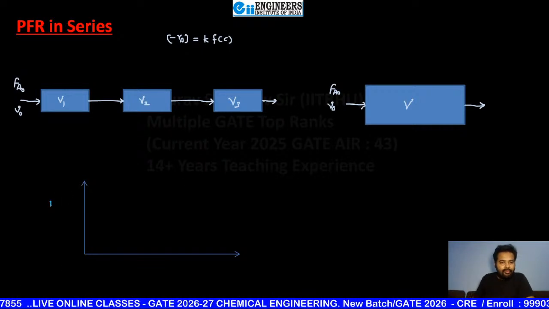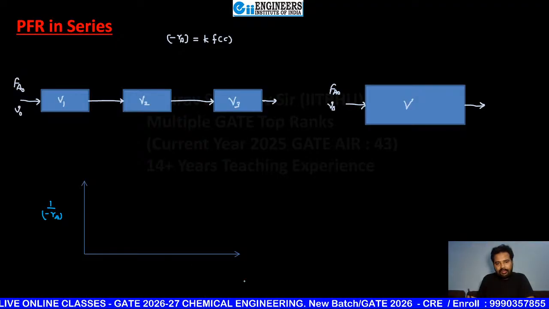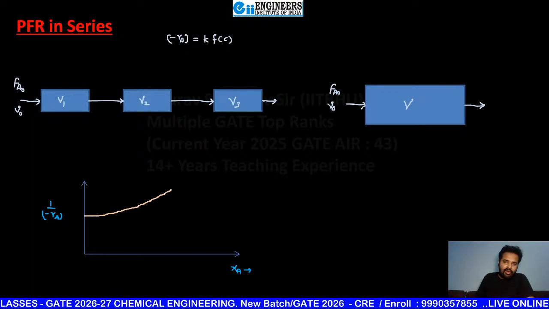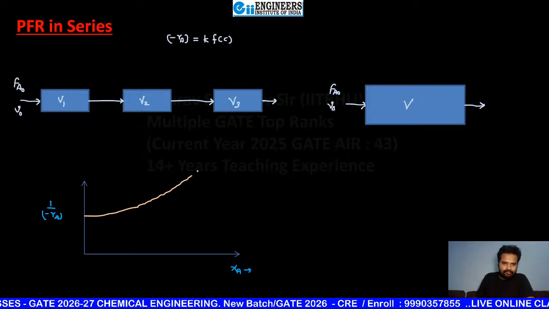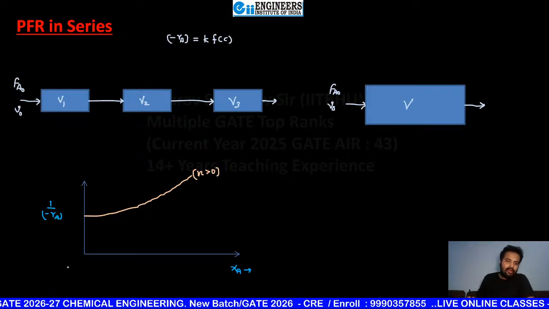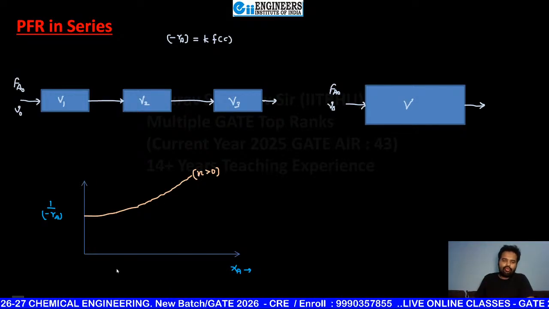Again I am drawing a graph between 1 by RA versus XA, just a typical graph I am making here. That means for all positive order reactions, the graph will look like this, n greater than 0. The same result you can also show for n equals 0 or any order.